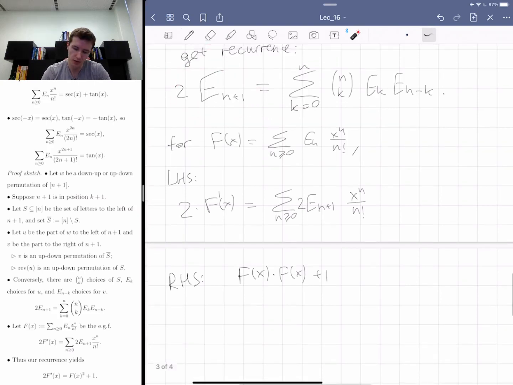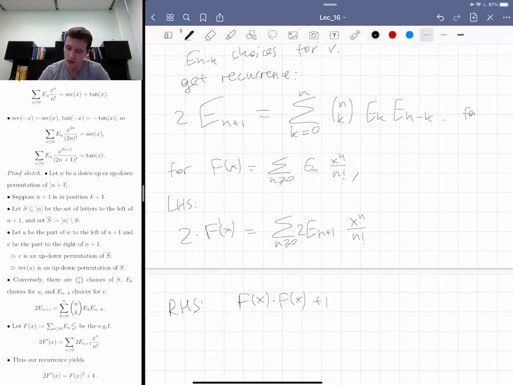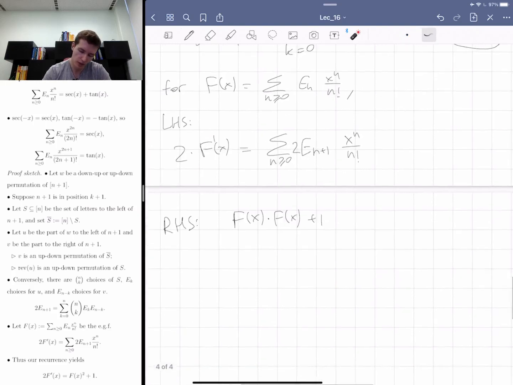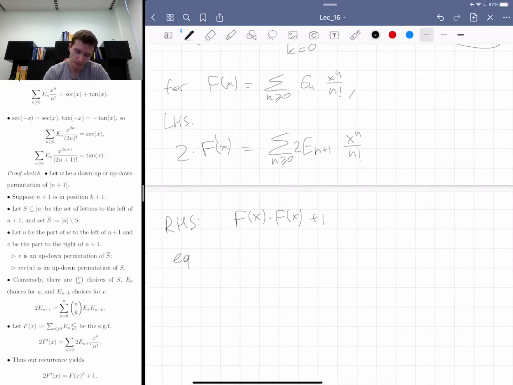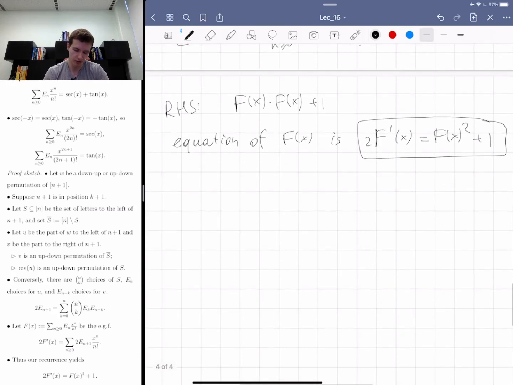This recurrence is only true for n greater than or equal to 1, so I have to have an extra 1 on the right-hand side. So the equation on f of x is twice f prime of x is equal to f of x squared plus 1. This comes literally out of the recurrence.